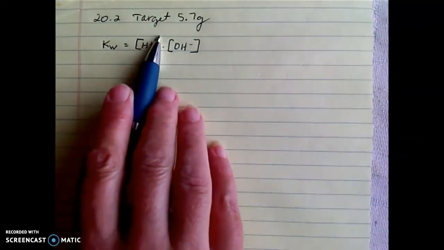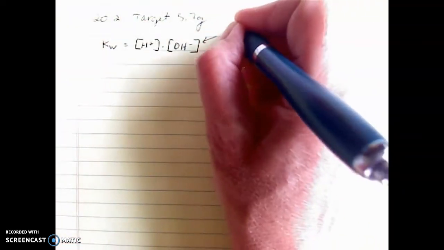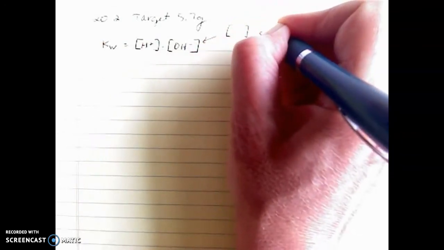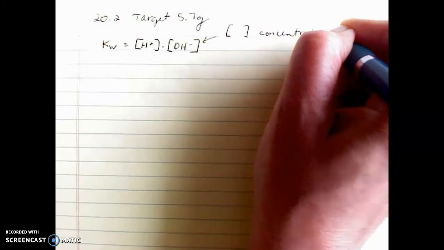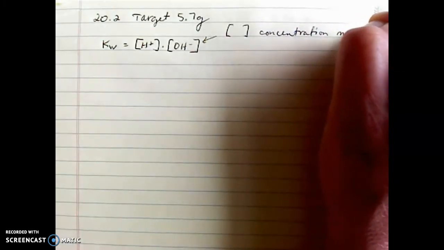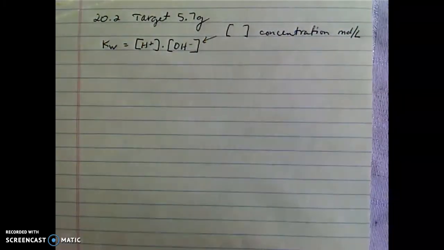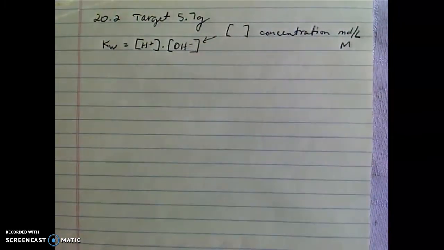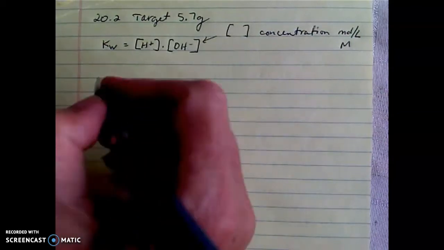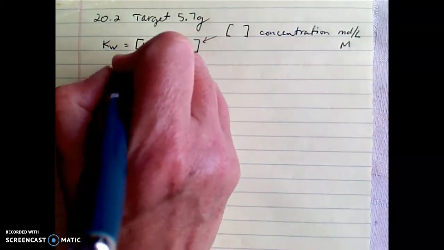So these brackets right here, they mean concentration, and that concentration is always in moles per liter, which remember we just learned could be represented by a capital M, molarity. This is your hydrogen ion.